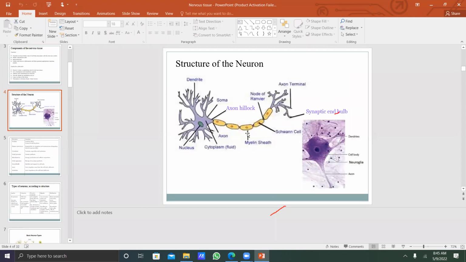You can see here the Schwann cells form myelin sheath, and in between there are constrictions. Those are the nodes of Ranvier. The nodes of Ranvier are important in propagating nerve signals.